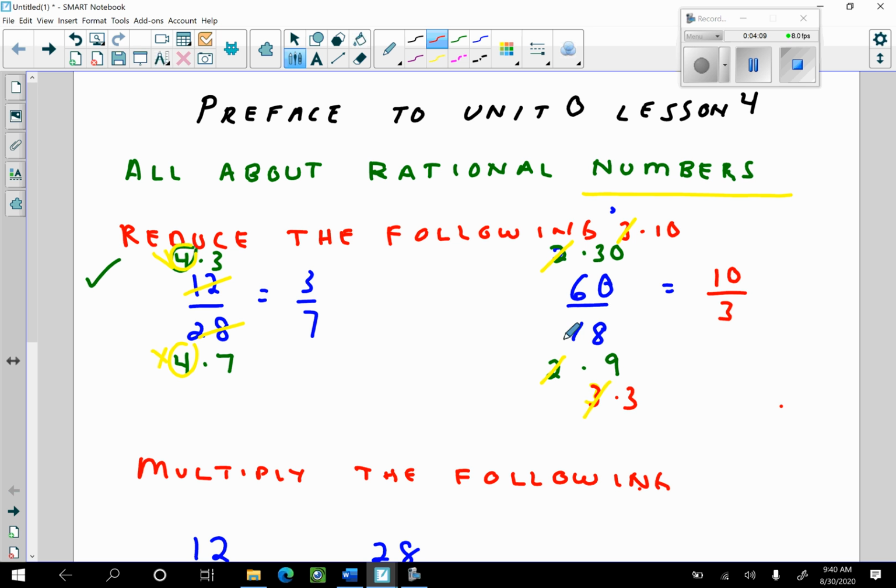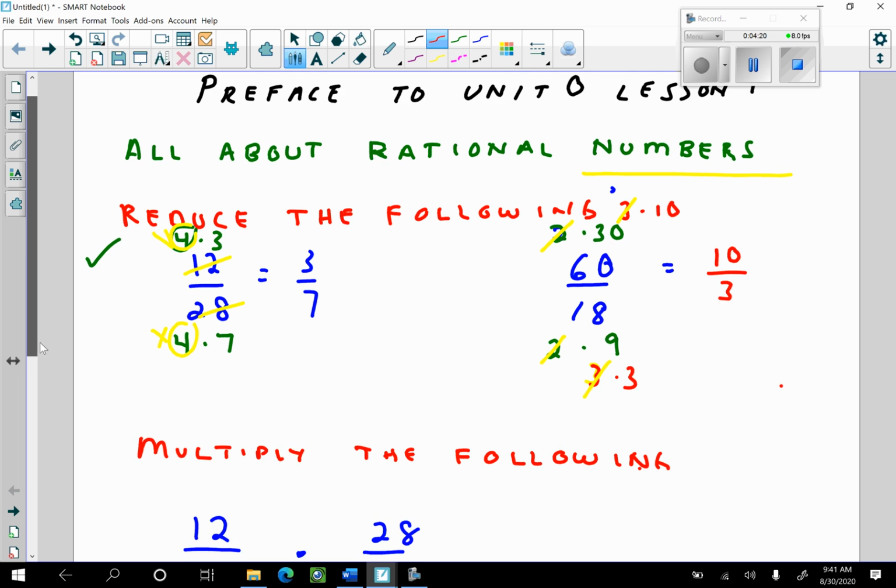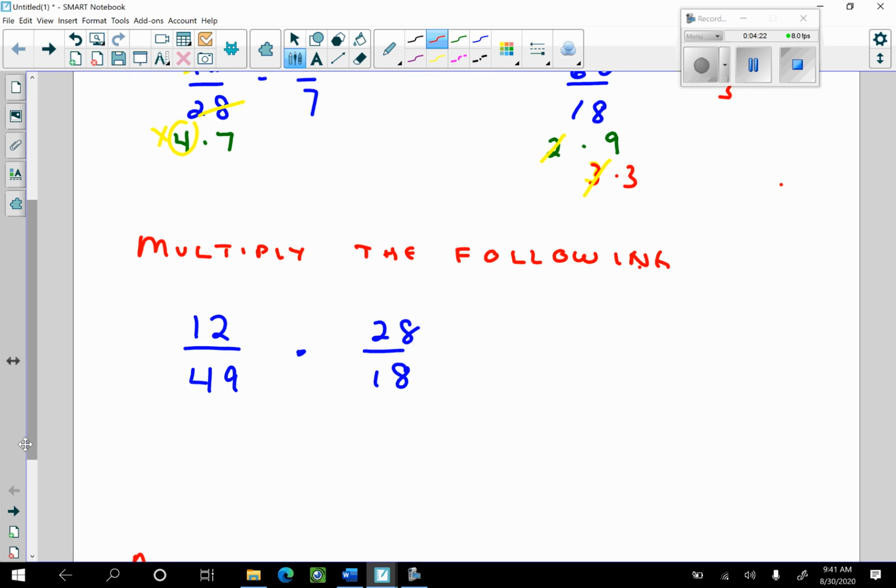And again, I may have been able to see that without doing this factoring and canceling, but when I get to rational expressions, it's going to be very hard to see. So let's multiply, and this is probably the biggest area that I'm concerned about as an Algebra 2 teacher. I know this is pre-calculus, but I get students who do not really understand how to multiply rational expressions.